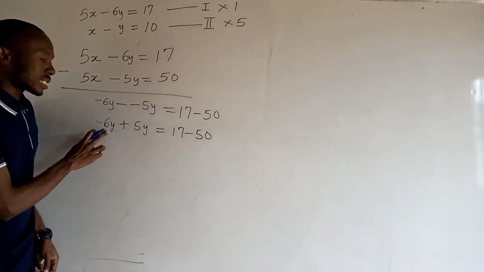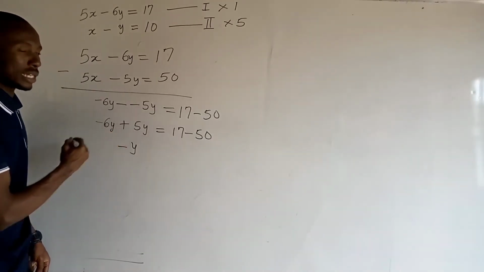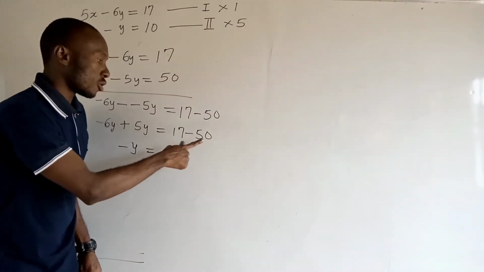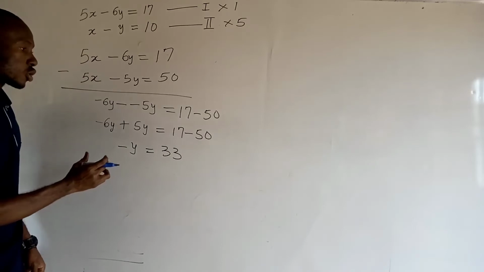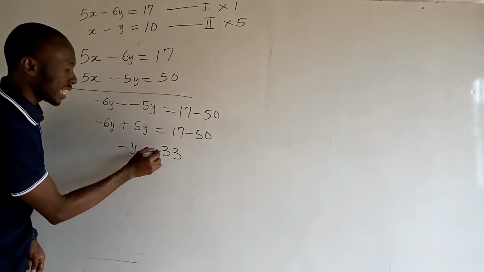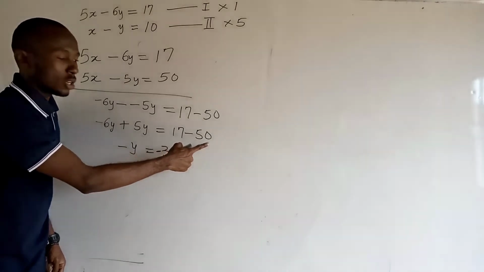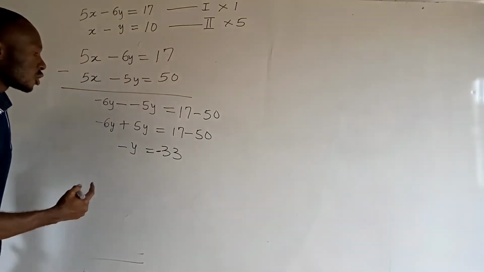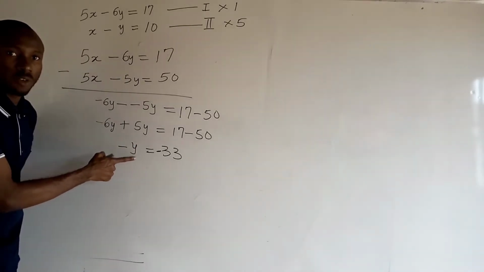Alright, so minus 6y plus 5y will give me a negative y. Alright, so equal to then 17 minus 50 will give me, sorry, negative 33 because this is a smaller number subtracting a bigger number. So of course your result will be in a negative sign. Alright, with this we can now divide both sides by the coefficient of y.